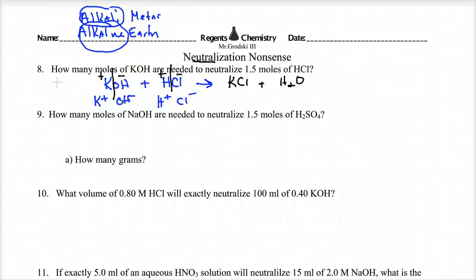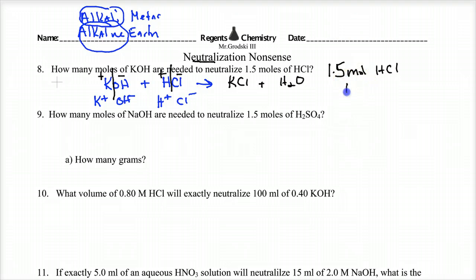But that's not really what this question's about. They're saying if I have 1.5 moles of hydrochloric acid, how many moles of KOH are needed? Well, I know that for every one hydrochloric acid, there is one proton, or one H plus, that comes off.